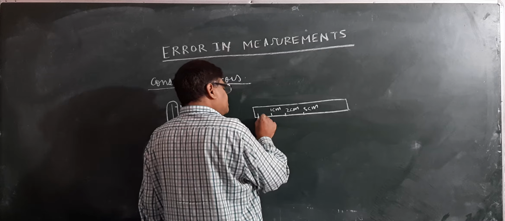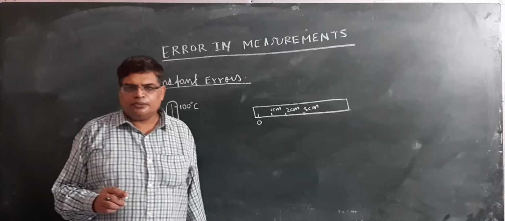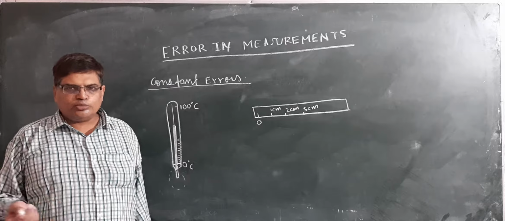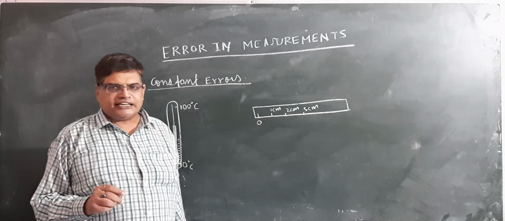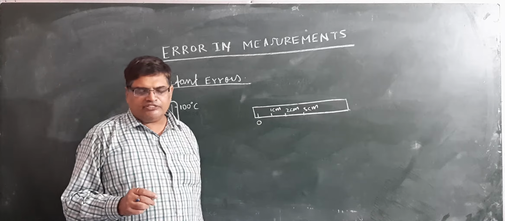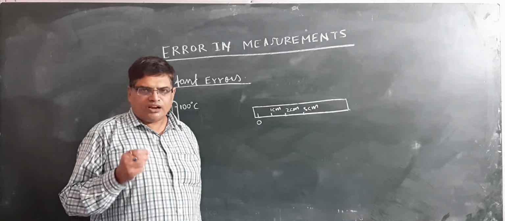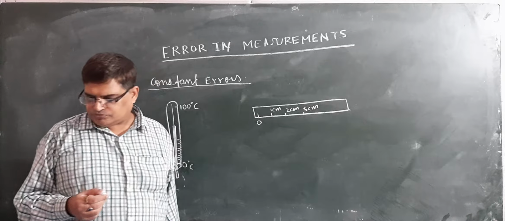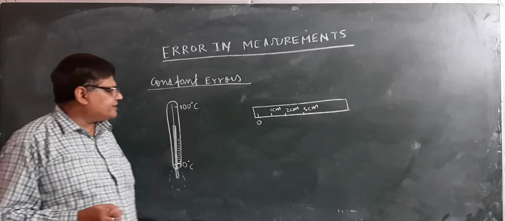So if you measure from here to here, this will not be exactly equal to 2 centimeter, but it will be shorter than 2 centimeter. So such type of errors are known as constant errors, and you will always get this difference whenever you measure the length of any object.